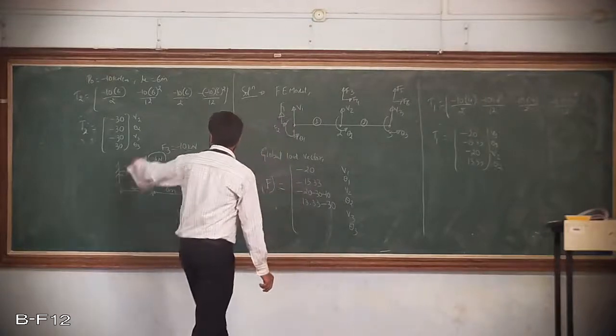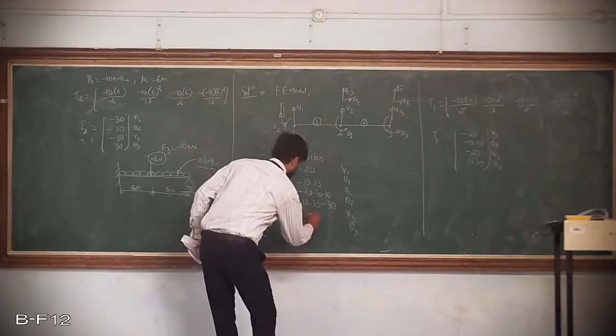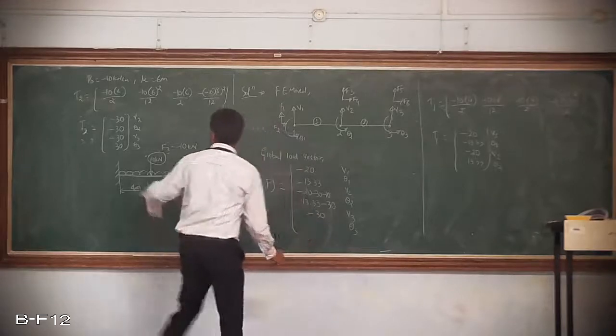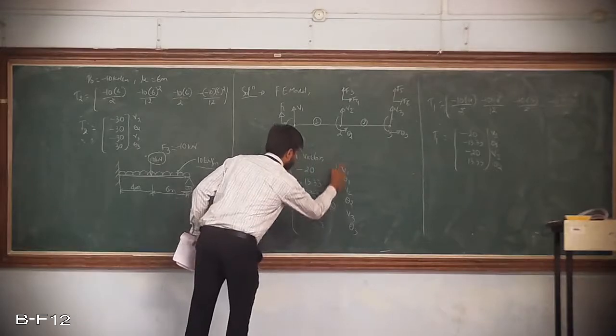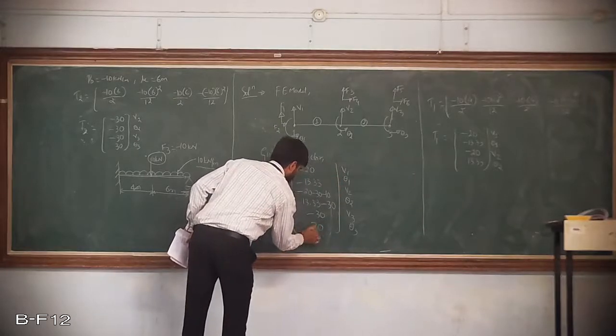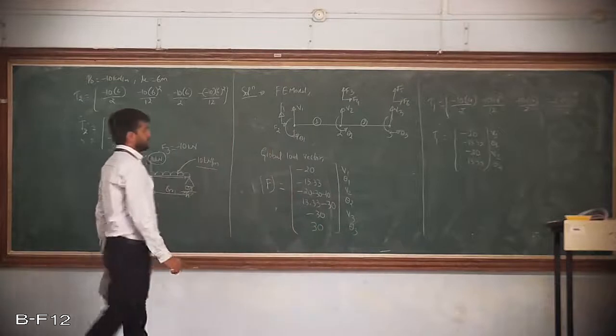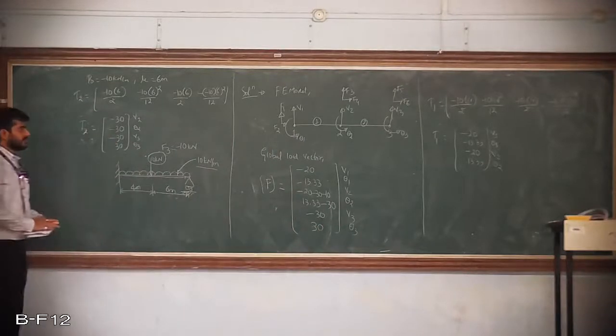And next will be V3, so minus 30 I will be getting, means there is only one V3, last one is 30. So this is what you will be getting, the final global vector.